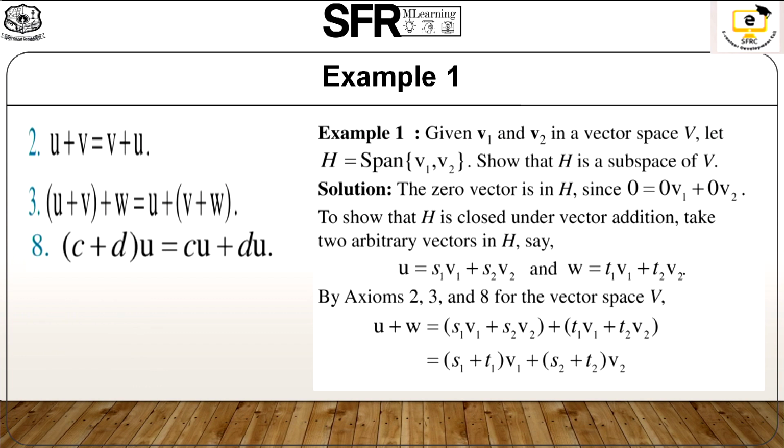Then we use the eighth axiom, c plus d times u, which is equal to cu plus du. Using these axioms, we can show that vector addition is possible. Adding u plus w, we get the same as u plus w, which is in H.